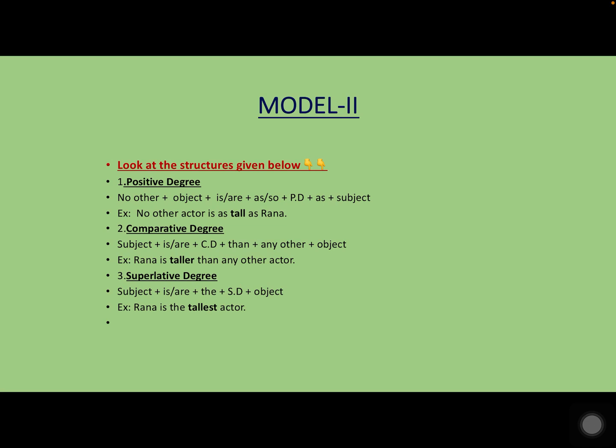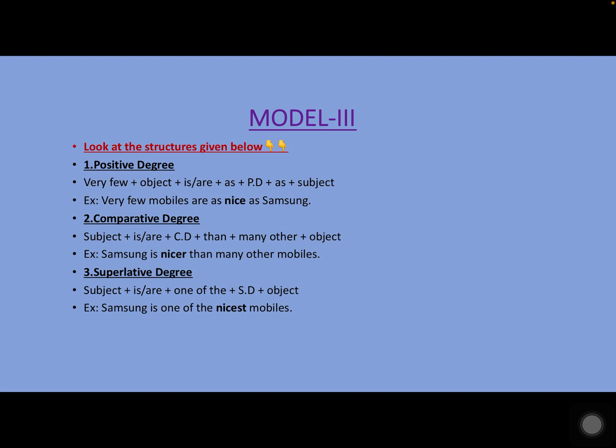Okay, now let us see model 3. Now if in positive degree it starts with "very few," for example, "Very few mobiles are as nice as Samsung." When you see the adjective nice, yes, it is in positive degree, and it has started with "very few."